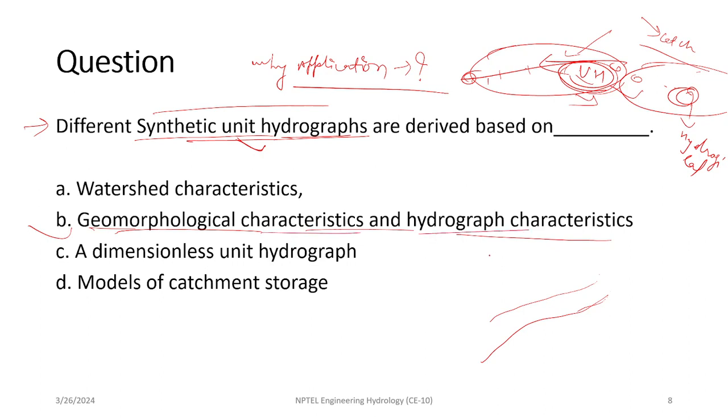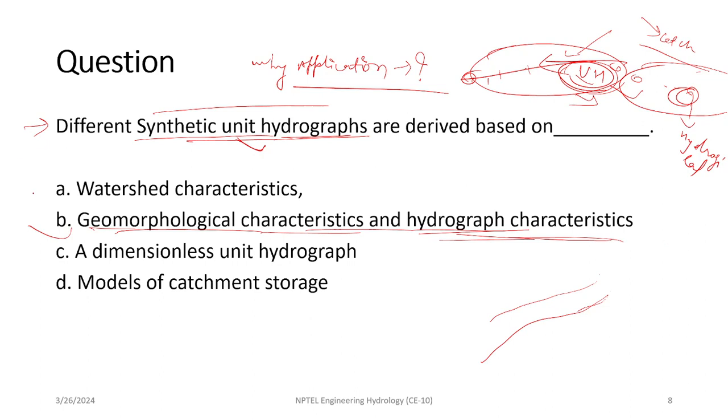And then from the word itself you can say hydrograph characteristics. Yes, so we should have some idea of the known parameters of the flow as well as rainfall, and also the relation between rainfall and runoff in the known catchment, and then we can go for deriving a unit hydrograph on an ungauged catchment.